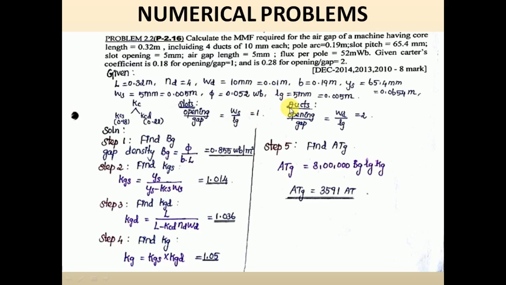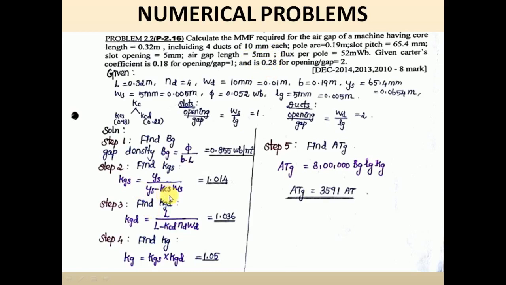Similarly, in the case of ducts, for opening we will be substituting the value of width of duct and the gap length is the same as here, that is air gap length. So in the case of duct, the ratio comes to be 2 and in the case of slot, this ratio comes to be 1. So this is the Carter's coefficient in the case of slotting and this is the Carter's coefficient we have to use in the case of radial ventilating ducts.